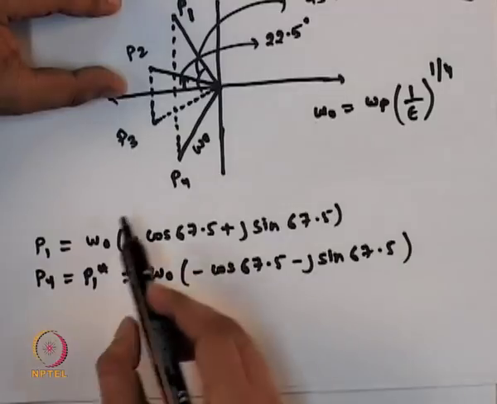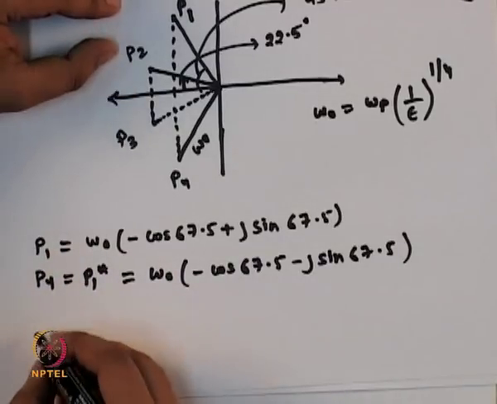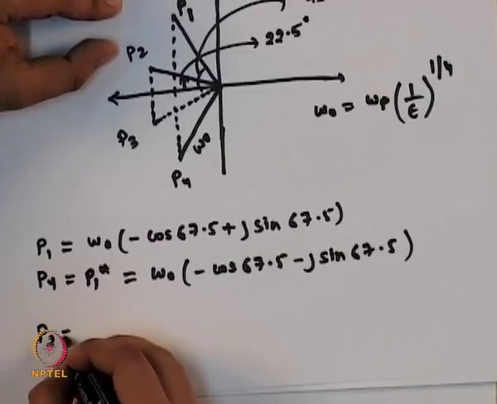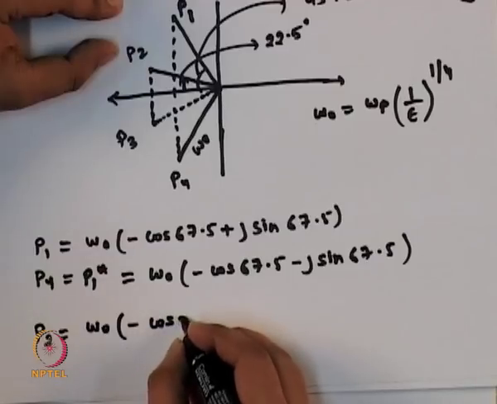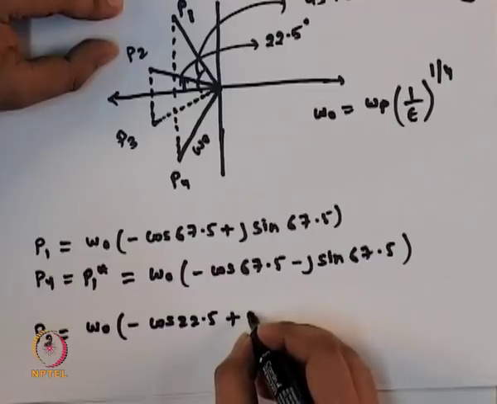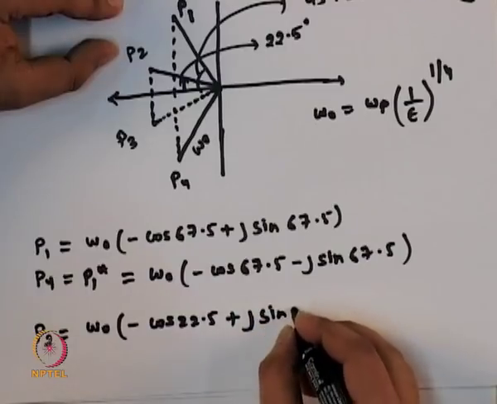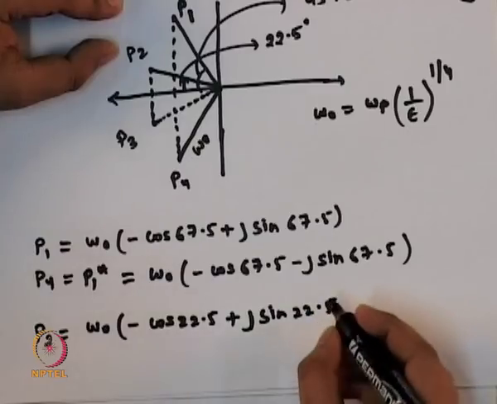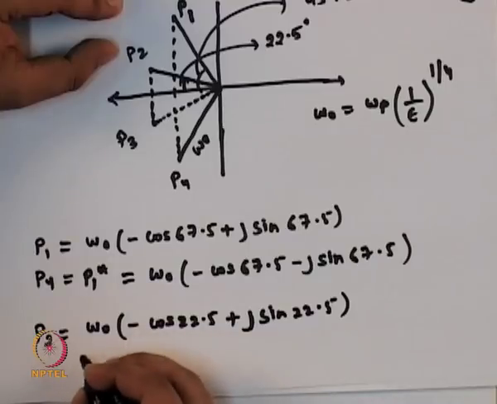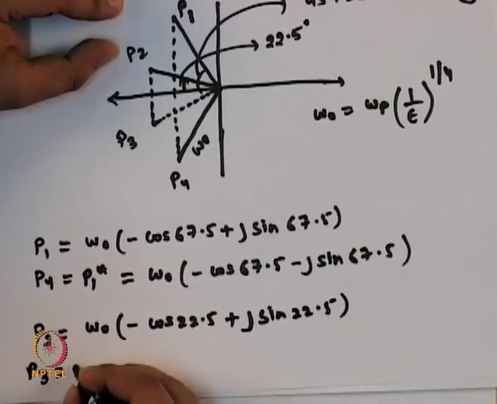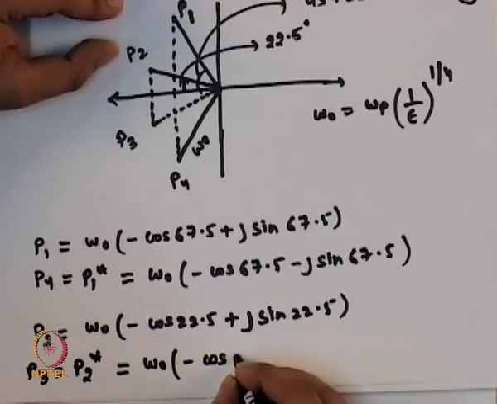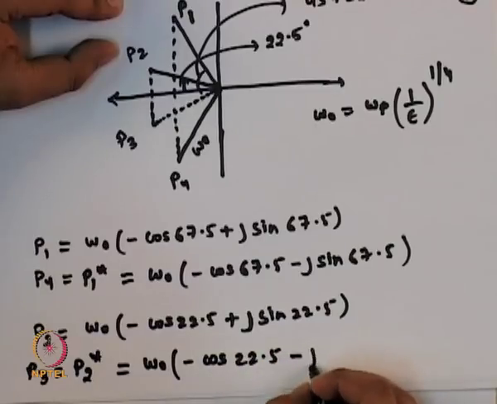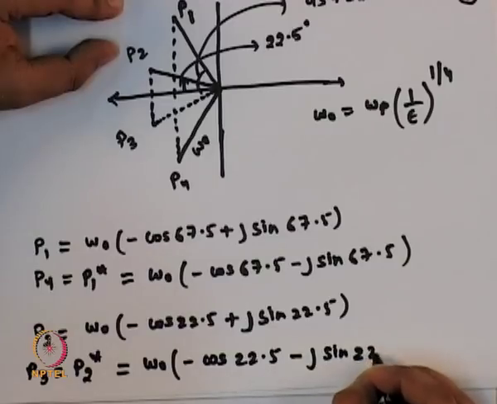Theoretically we know the values of these poles. So now P2 is omega naught times minus cos 22.5 plus j sin 22.5, and P3 is the complex conjugate, so it is omega naught times minus cos 22.5 minus j sin 22.5.